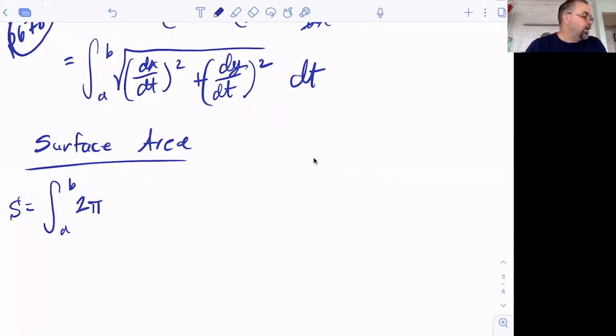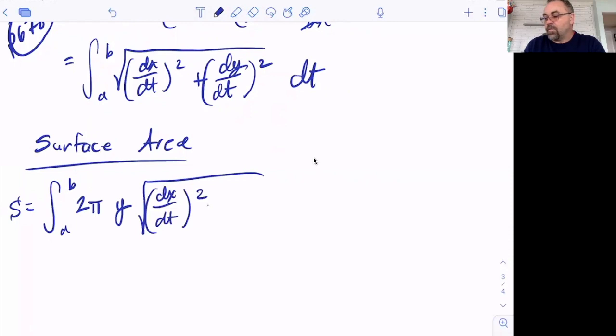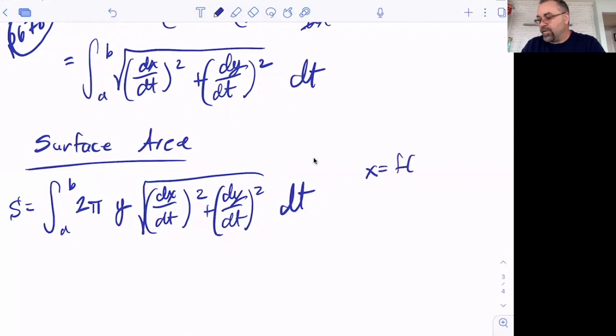If we're revolving around the x-axis, then we need the y-coordinate times the little length of arc. And of course, y is defined parametrically. We've been saying x is f of t and y is g of t.